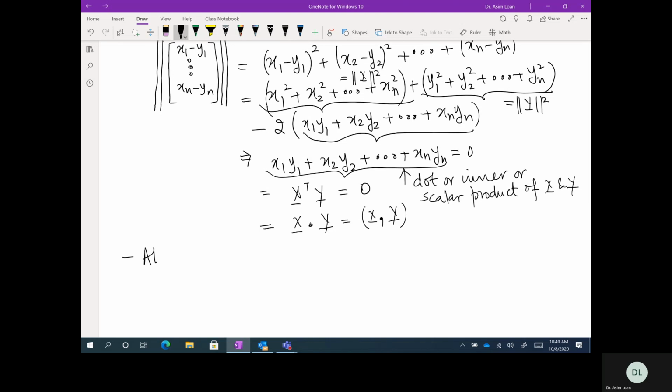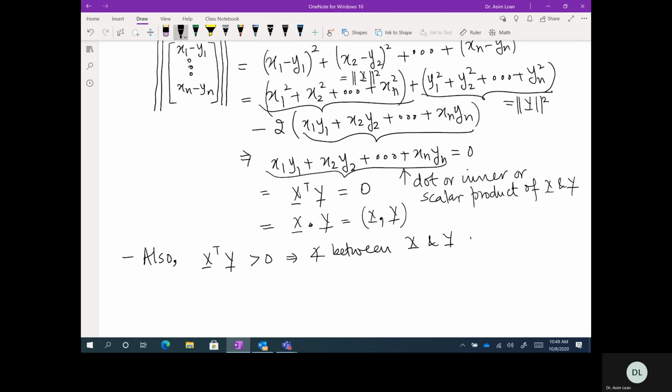Also, if x transpose y is greater than 0, this implies the angle between x and y is less than 90 degrees, because you know that there is a cosine of theta involved here, and we'll probably do it in the next lecture.